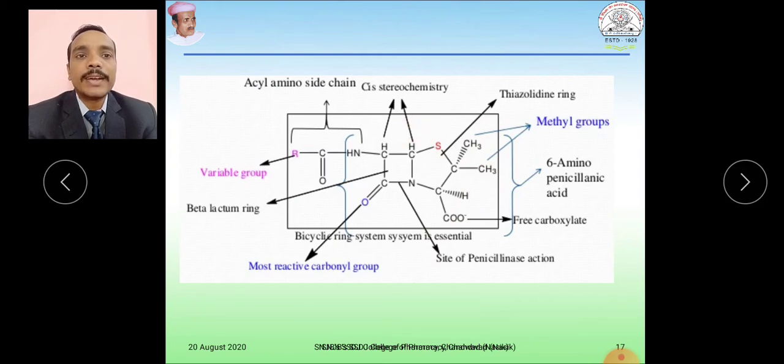This carbon 5 and carbon 6 having cis kind of stereochemistry. This acyl amino group here, R group, should be substituted with the polar group, ionized group, acidic group. We can substitute here the electron withdrawing group. So this is all about the SAR of penicillin.